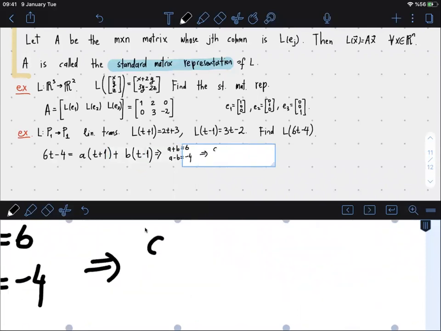Okay, so a must be 1 and b must be 5, right? B must be 5.